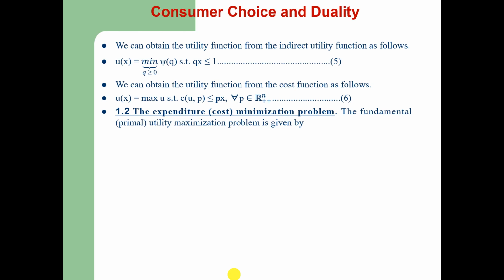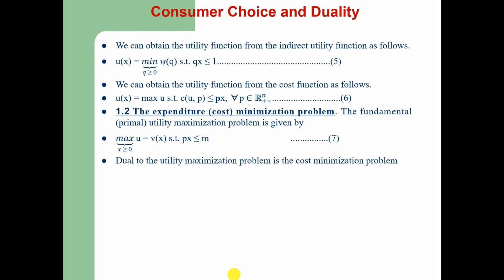The fundamental primal utility maximization problem is given by this function that I just discussed before, and dual to the utility maximization problem is the cost minimization problem. That is, dual to the utility maximization problem is the cost minimization problem. On one side we have the consumer maximizing utility subject to the budget constraint.